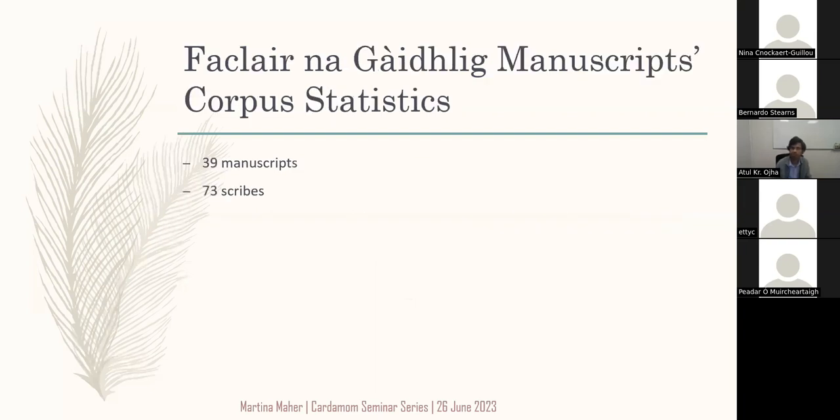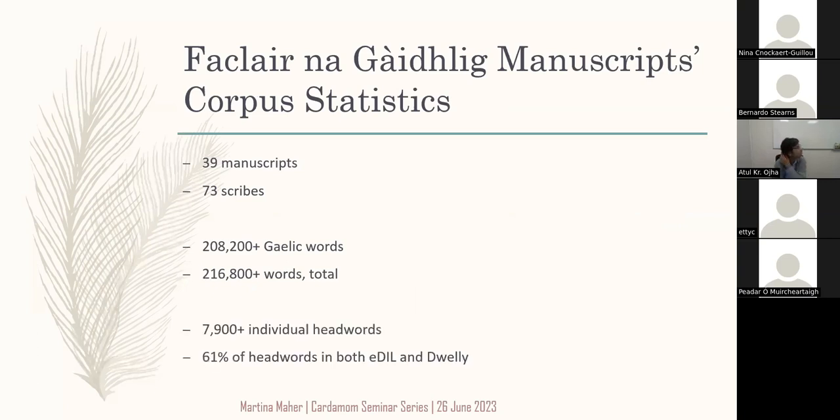The resulting corpus contains texts extant in 39 different manuscripts and represents the work of 73 different scribes. It comprises over 208,000 Gaelic words, supplying nearly 8,000 individual Gaelic headwords to the corpus.